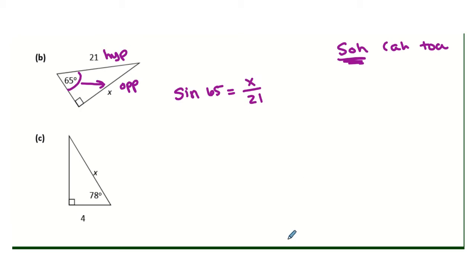From here, I can solve for x just like we did in the last one. X is being divided by 21. To undo division, I'm going to do multiplication. So I'm going to have 21 times the sine of 65, and that's going to equal x. To solve for x, I can just plug this part in my calculator.